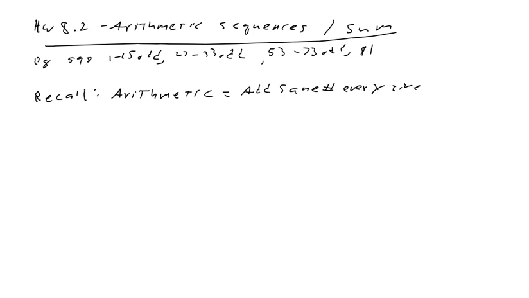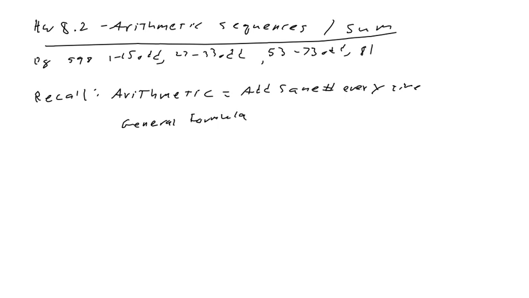If you're not adding the same number every time, it is not an arithmetic sequence. And we had a couple formulas that we used for arithmetic sequences, right? We had our general formula. This is all review from last time. If you don't have those notes from last time, maybe you want to write these down.